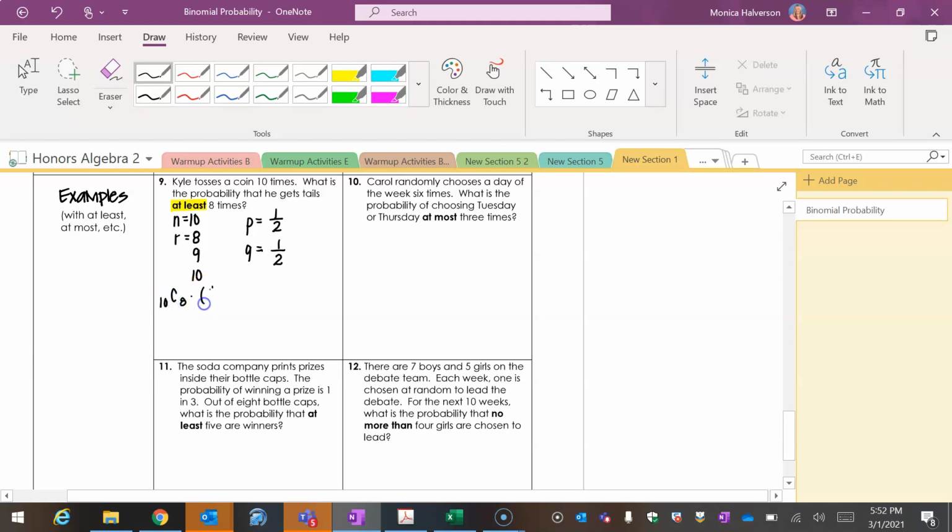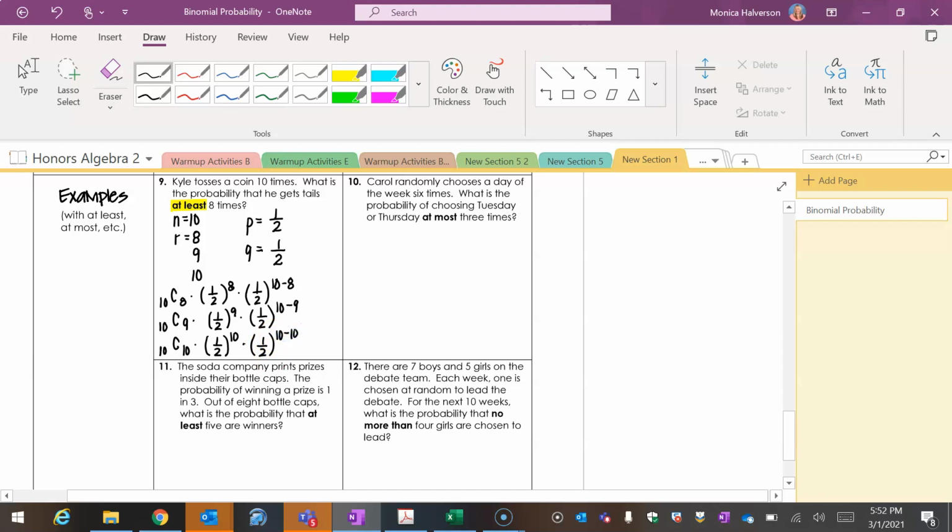10C8 times 1/2 to the 8th times 1/2 to the 10 minus 8. And then you're going to do 10C9 times 1/2 to the 9 times 1/2 to the 10 minus 9. And then you're going to do 10C10 times 1/2 to the 10th times 1/2 to the 10 minus 10.